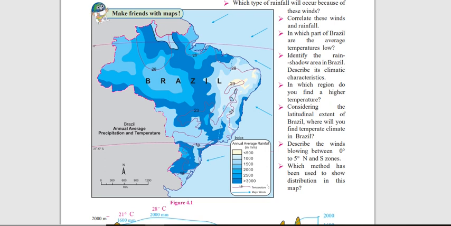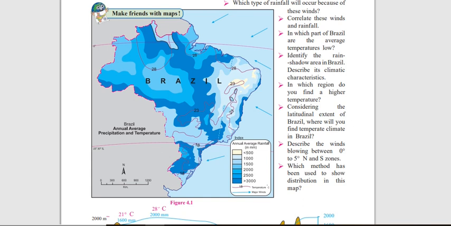This map shows us the annual average rainfall and temperature in Brazil. The isopleth method is used to show the distribution of temperature, and the choropleth method is used to show the distribution of rainfall.